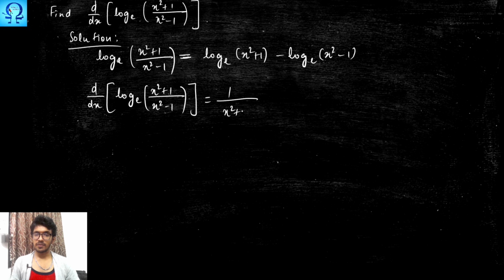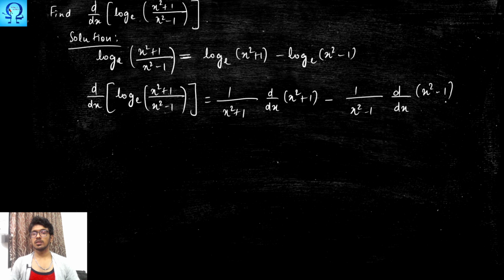So in the place of x, we have this one, and then the derivative of this x squared plus 1, minus the same idea has to be applied here too. So be it x squared plus 1 or x squared minus 1, you are going to get this derivative to be 2x. So this is 2x upon x squared plus 1 minus 2x upon x squared minus 1.